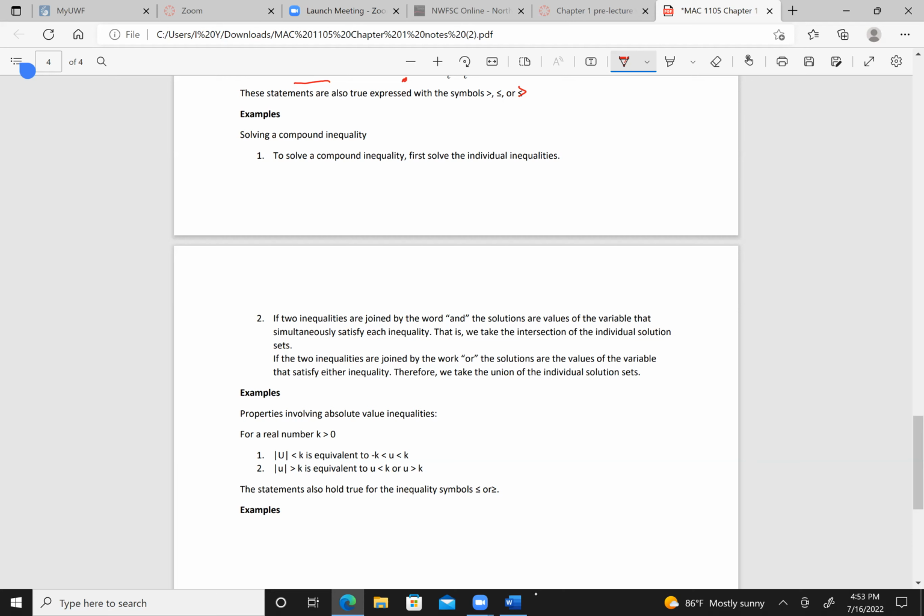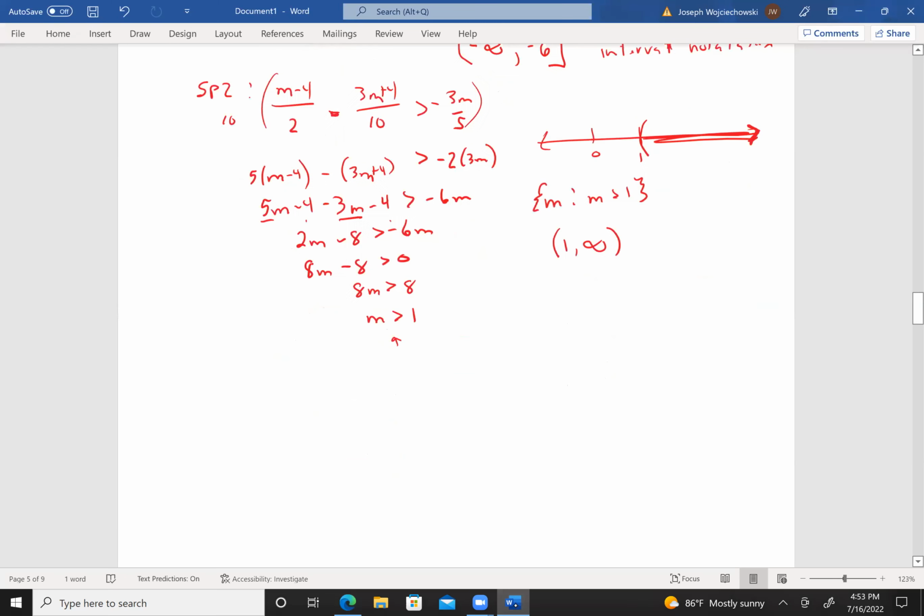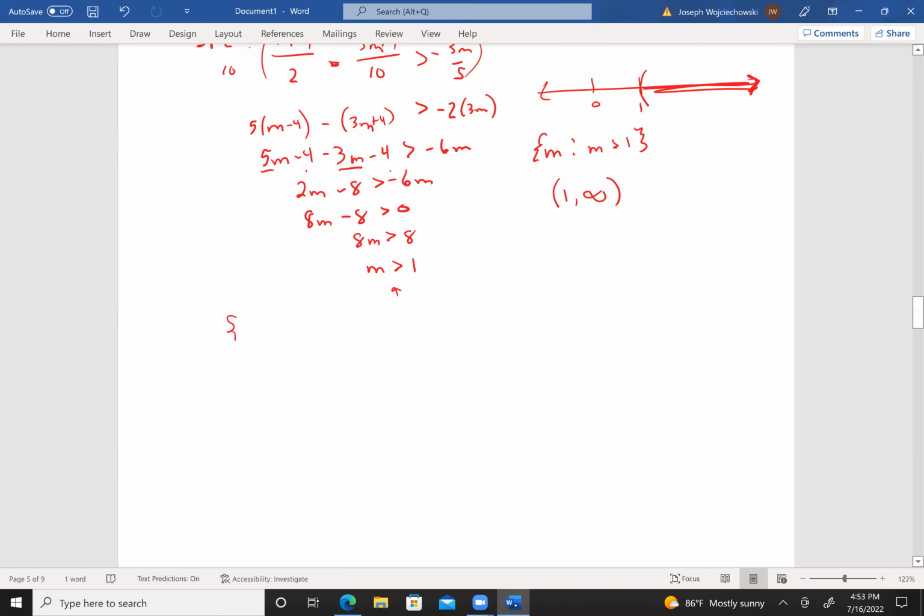So let's look at an example of this. Skill practice 3. Solve 1/4 y is less than negative 1, or 3 plus y is greater than or equal to 5. So we solve these individually.